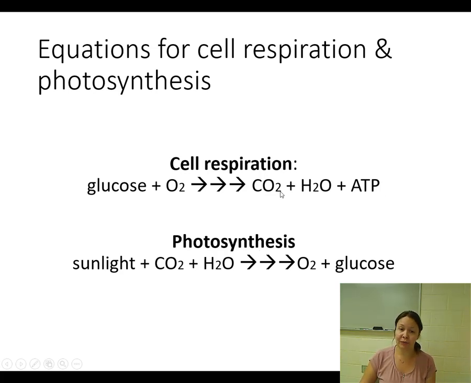So if you know your equation for cell respiration, you just turn it around, where your products now become your reactants, and your reactants now become your products. Now that is except for sunlight. So plants are the only ones that actually use sunlight in the equation.